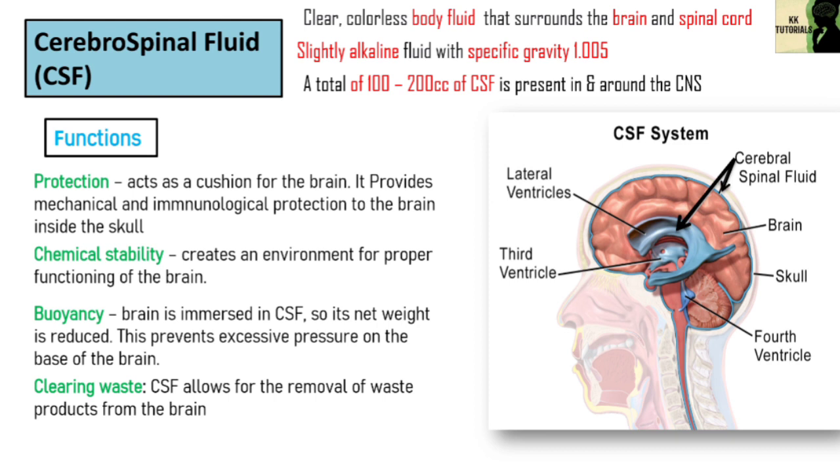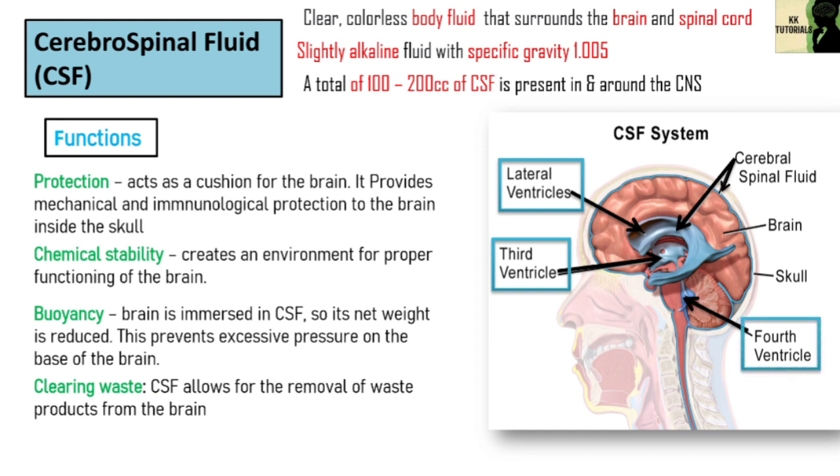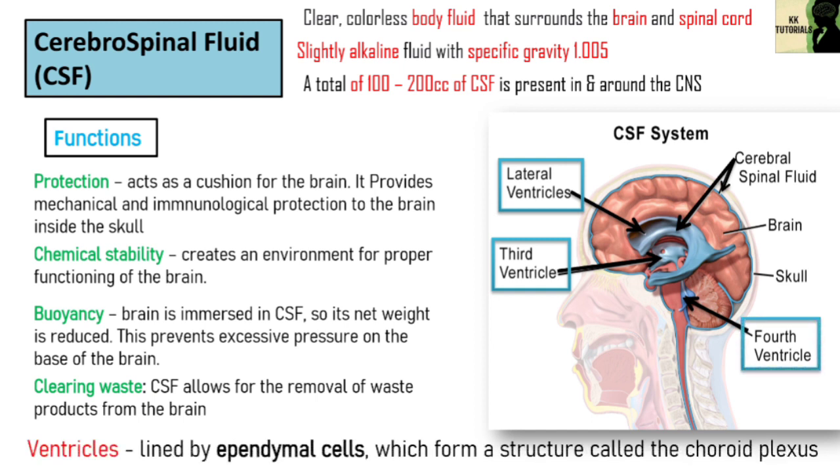So basically, where is the CSF produced? In this image you can see ventricles. These ventricles are the structures that produce cerebrospinal fluid and transport it around the cranial cavity. They are lined by ependymal cells which form a structure called the choroid plexus.